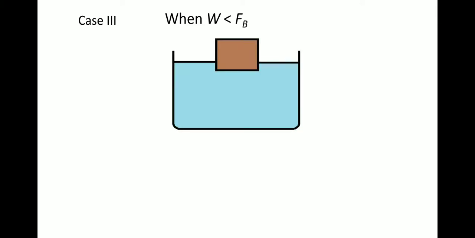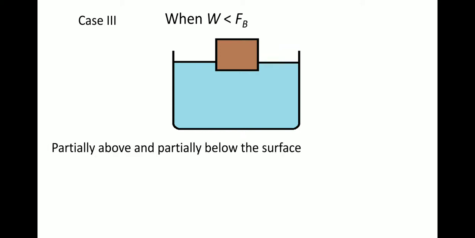Next will be case 3. In case 3, if the body has a weight less than the upthrust, in that case the body will float on the surface of the water. Partially it is going to be above as well as below the surface.